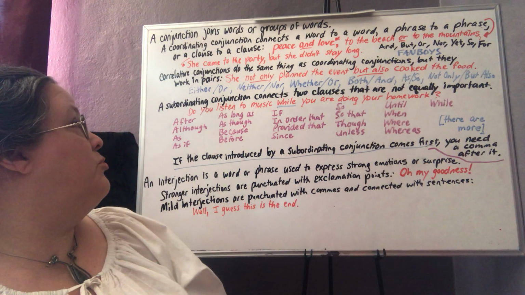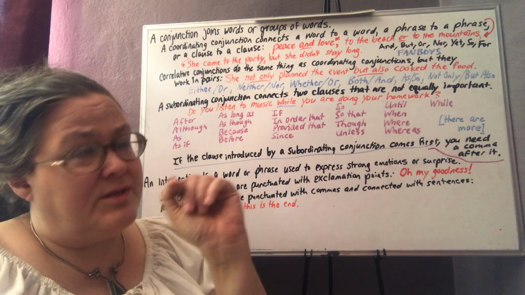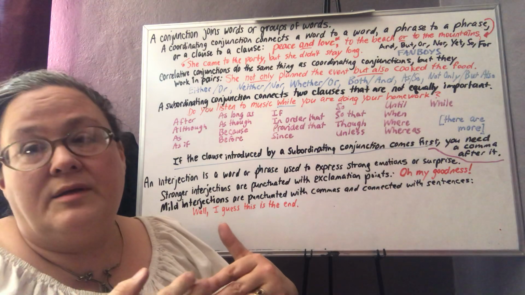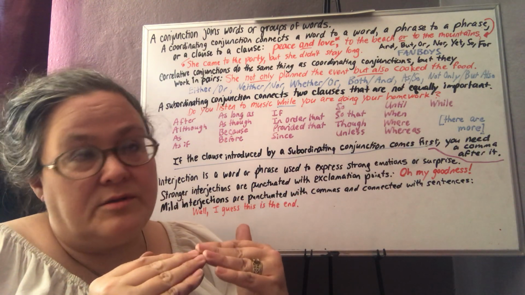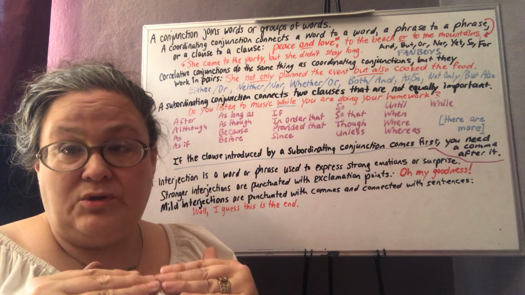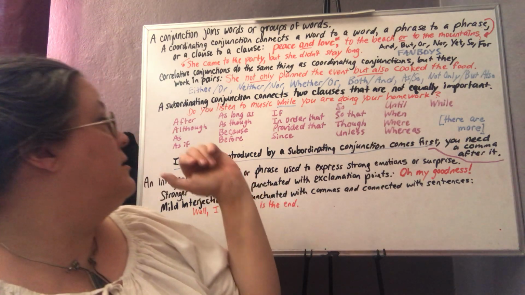And those are subordinating conjunctions, and I'll get to that in a minute. But first I want to stick with things that connect things of equal importance. Okay, so coordinating conjunctions connect things of equal importance, equal structure, equal weight.